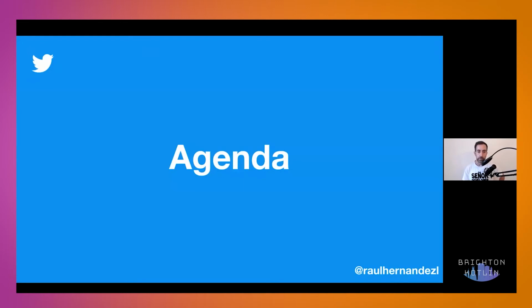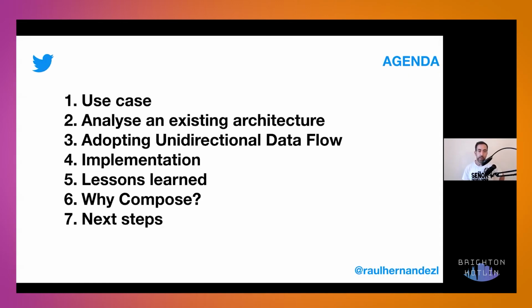Cool. So let's go to the agenda very quickly. I will start with a use case where everything hopefully will make sense to you. Then I'll analyze the system architecture of this use case, and start adopting unidirectional data flow. The point for me here is that it doesn't really matter which architecture you use for your mobile application.